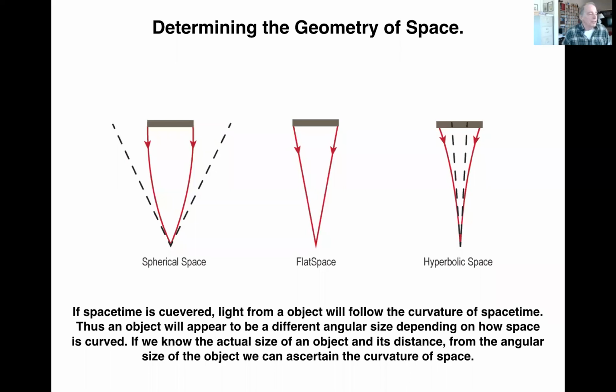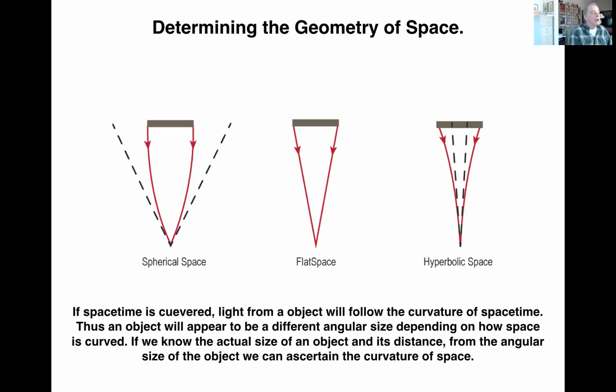Well, the argument is as follows. Here are three different possible examples of how photons could propagate to us from each side of a structure whose diameter we know. So we can compute the width of that horizontal bar, say. We know physically how big it is.